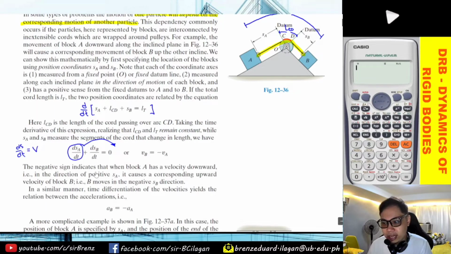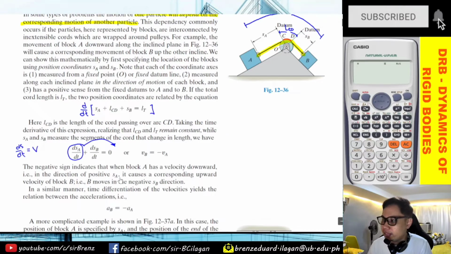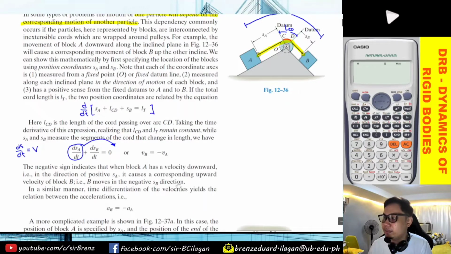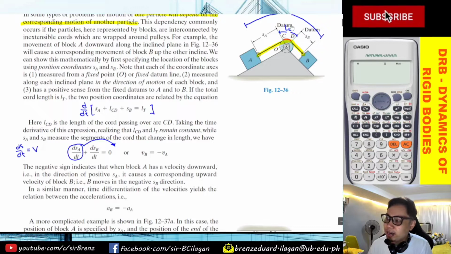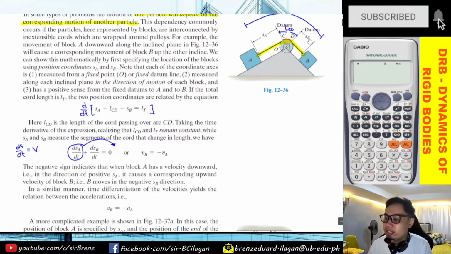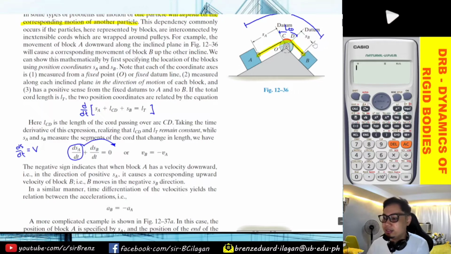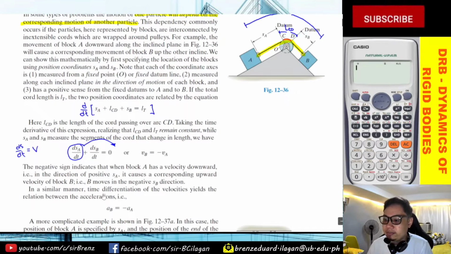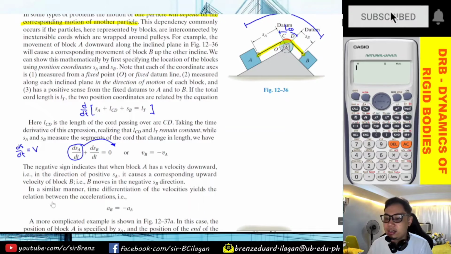Okay, so the negative sign indicates that when block A has a velocity downward in the direction of positive S sub A, it causes a corresponding upward velocity of block B, where B moves in the negative S sub B direction. Okay? Since yung paggalaw niya is papunta sa kaliwa, kaya yung S sub B natin is negative. Next, in a similar manner, the time differentiation of the velocities yields the relation between the accelerations.